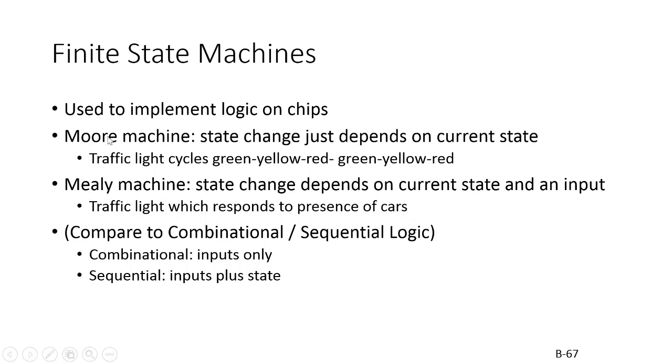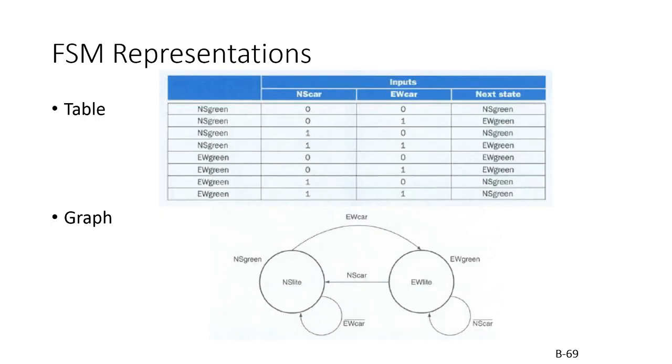And here are different definitions: a Moore machine, Mealy machine, to describe the state change depending on the current state versus state and an input. Okay. These are again ways to discuss logic, right? Similar to truth tables and the way we could simplify an AND-OR plane, they came up with a pictorial method to represent finite state machines.